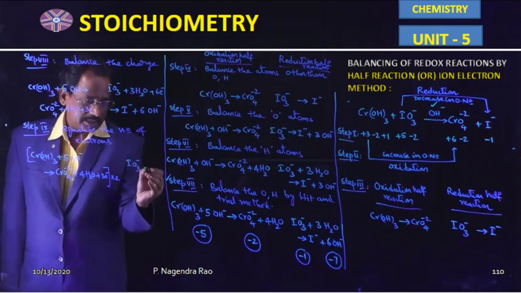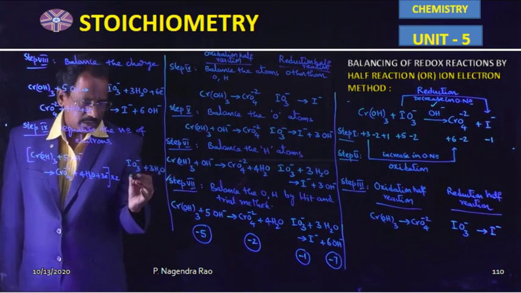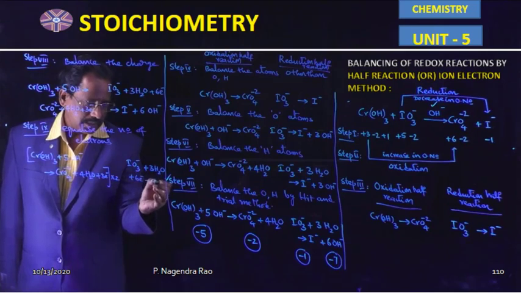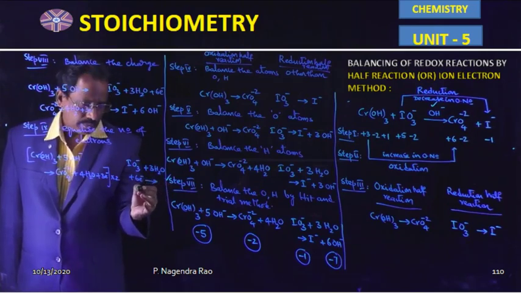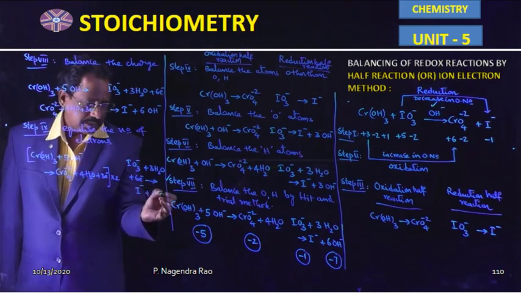IO3⁻ plus 3H2O plus 6 electrons gives rise to I⁻ plus 6OH⁻.